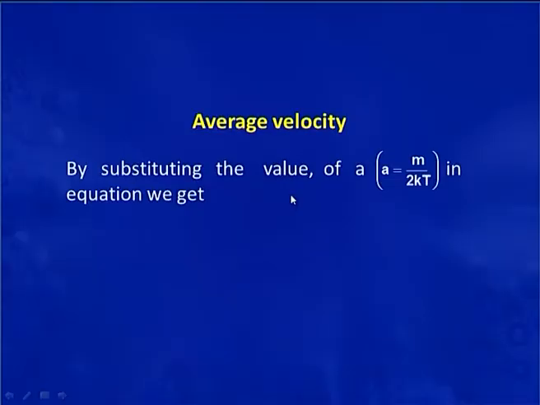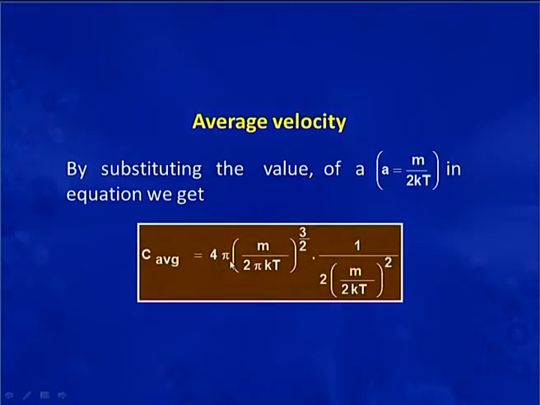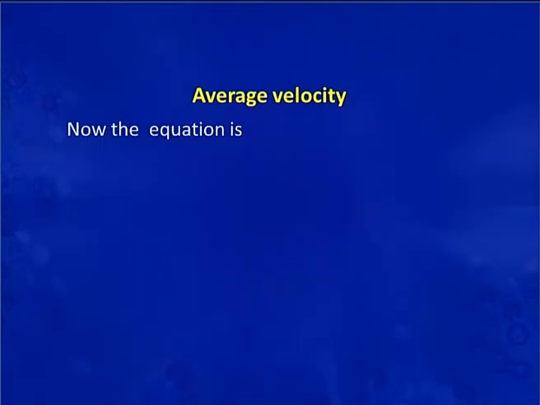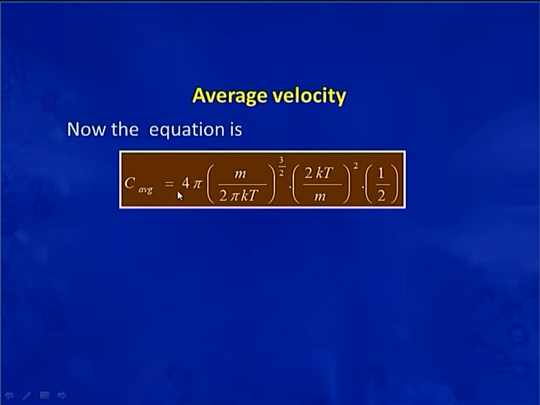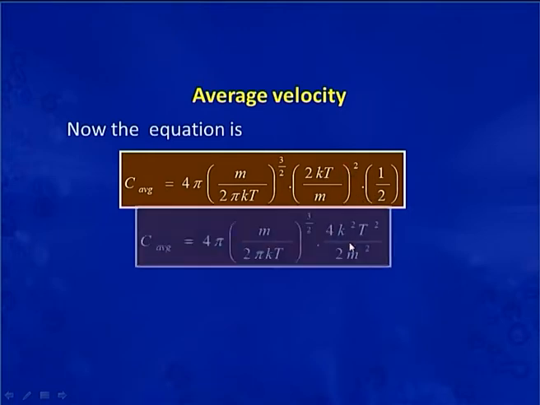Then we get C average is equal to 4 pi (m by 2 pi kT) to the power 3 by 2 into 1 by 2 (m by 2 kT) whole square. Now, C average is equal to 4 pi (m by 2 pi kT) whole 3 by 2 into (2 kT by m) whole square into 1 by 2.